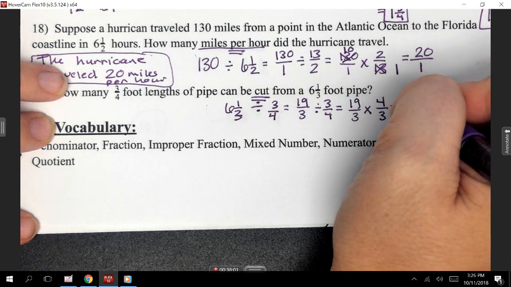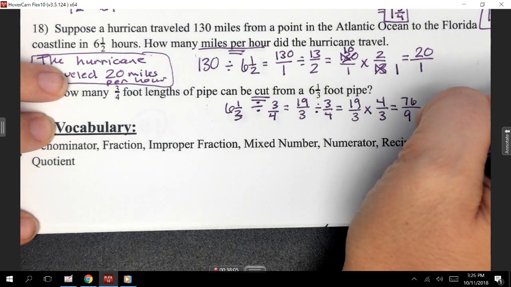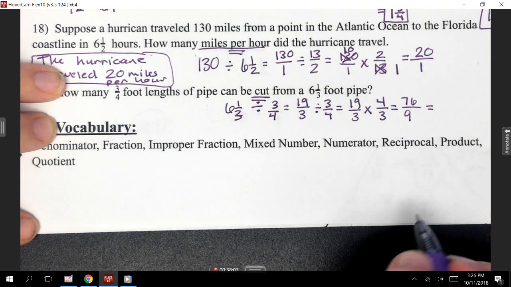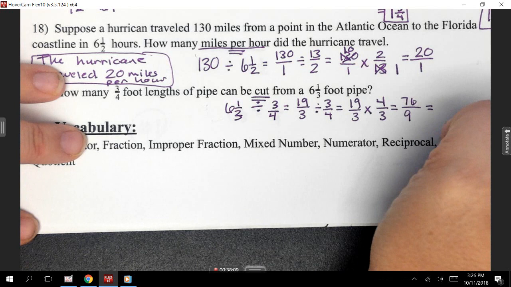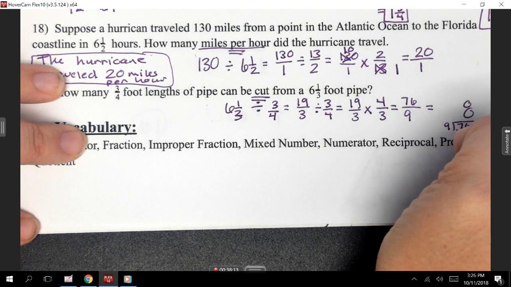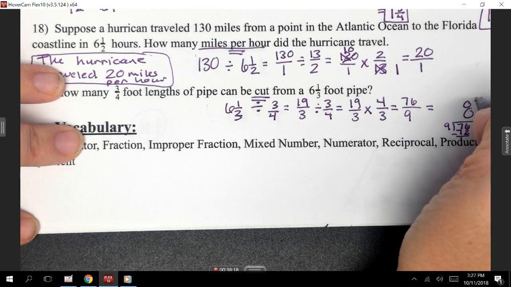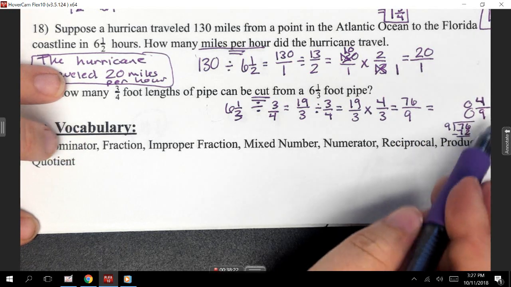So I'm going to multiply across. 19 times 4 is going to give me 76, and 3 times 3 is 9. So now we can do that division. 9 will go into 76 8 times, which gives me 72. When I subtract that, I get 4 left over, and my denominator was 9. So I get 8 4/9.